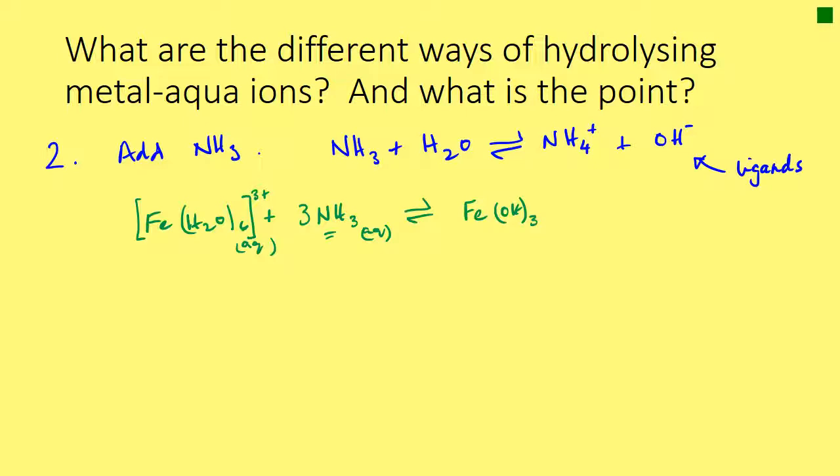So 3 of our water ligands have been substituted by hydroxide ligands, leaving only 3. It was a 3+ ion. We've got 3 hydroxide ligands, so the whole thing is neutral, and therefore we've got no square brackets, and instead we put a solid state symbol there because that precipitates out, and as it happens, that is a brown precipitate.